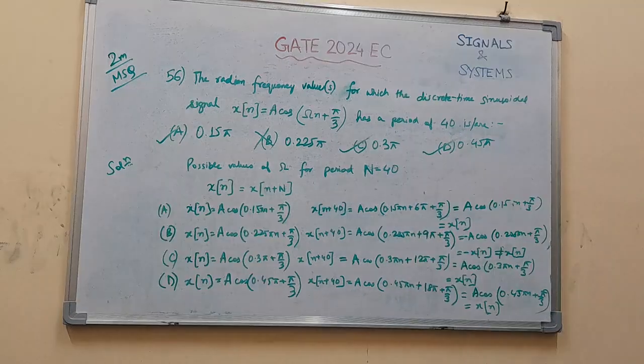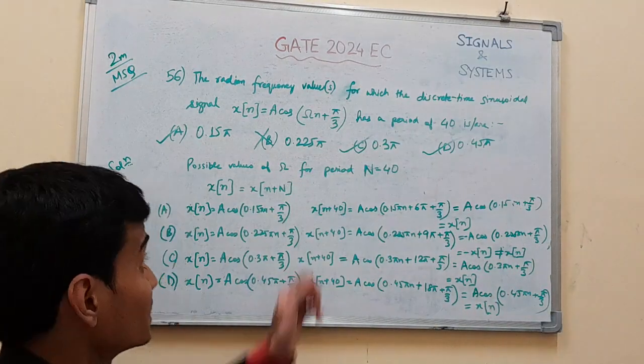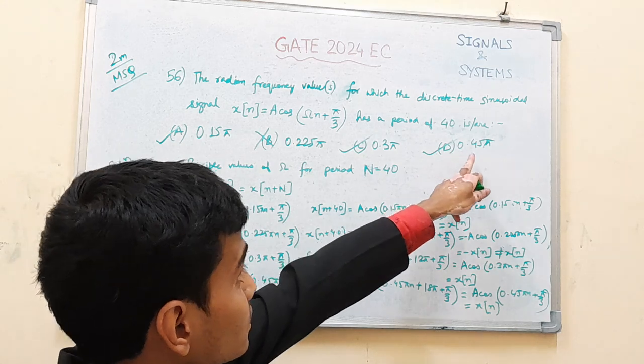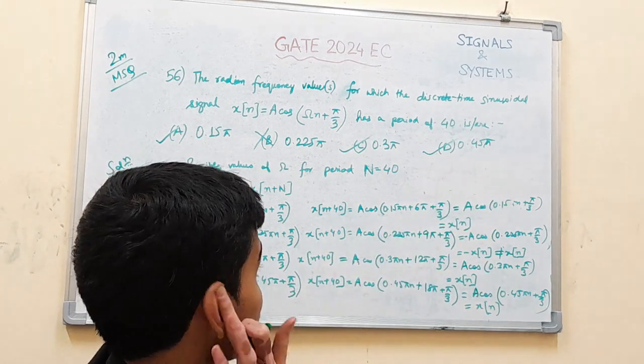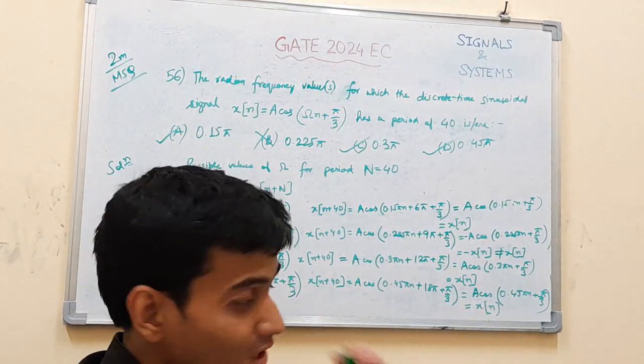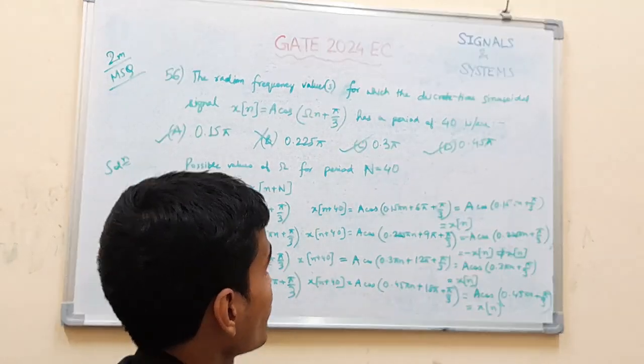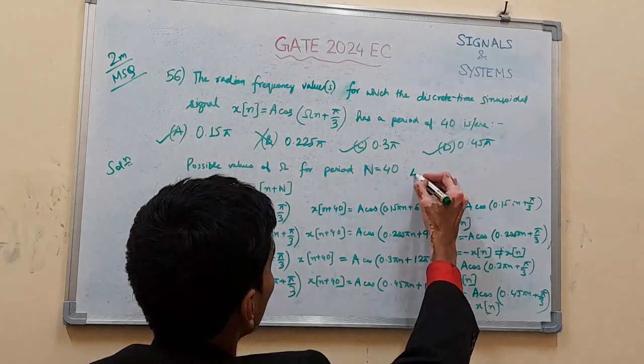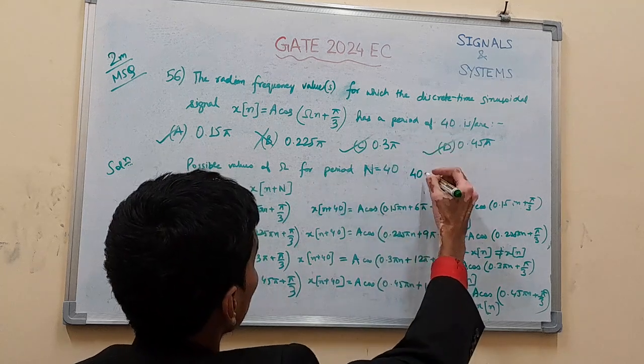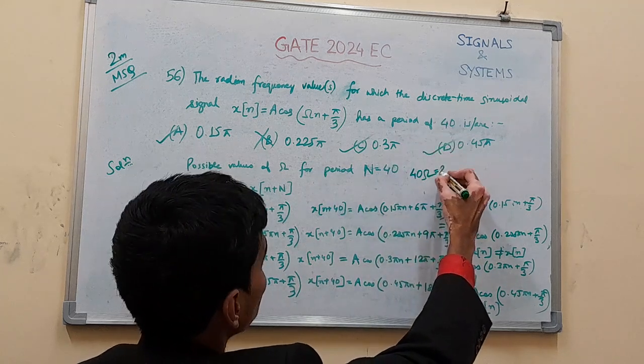The other approach I mentioned earlier is using the fundamental frequency: find the fundamental frequency, and any frequency that is a multiple of the fundamental frequency will give the same period. Fundamental frequency is given here by 40, the period, times the fundamental frequency, which should equal 2 pi.